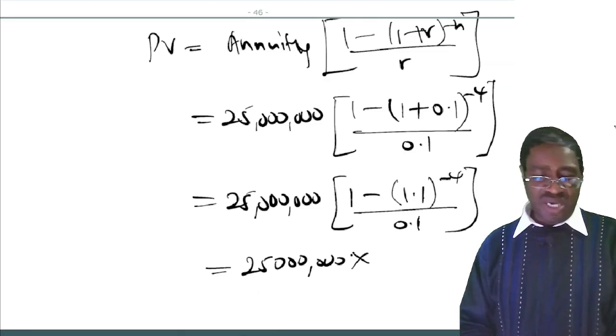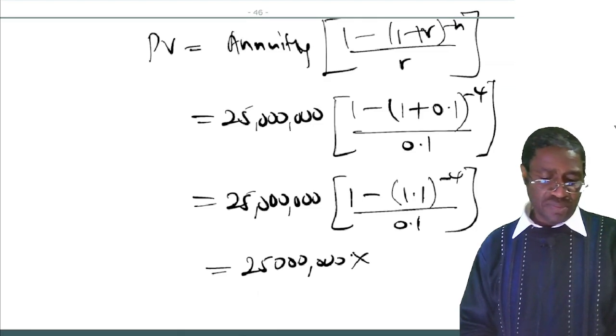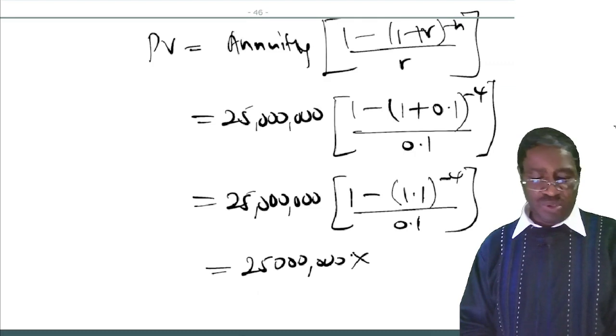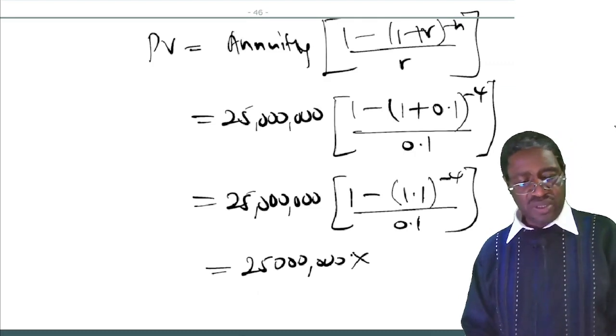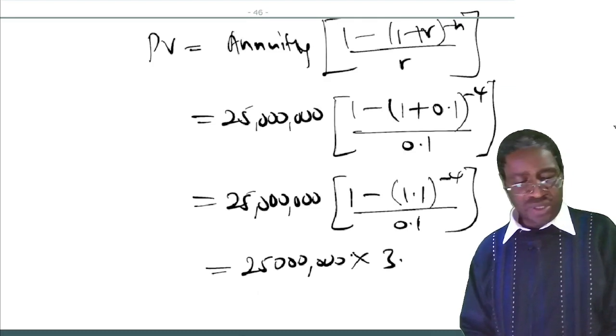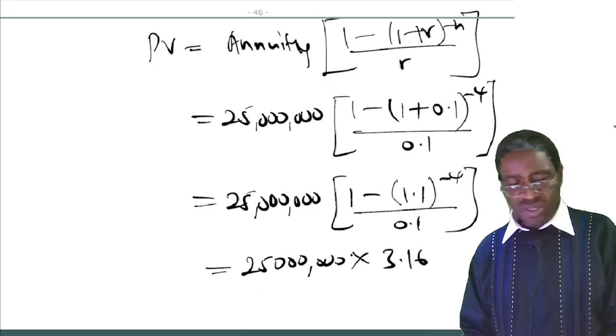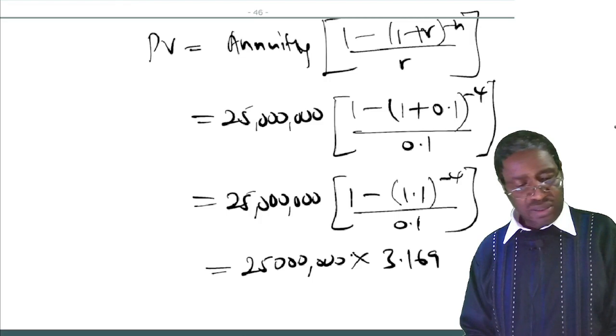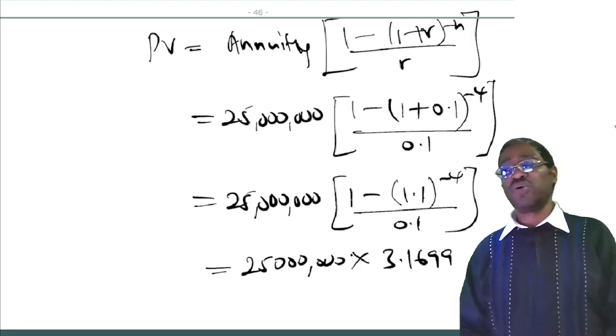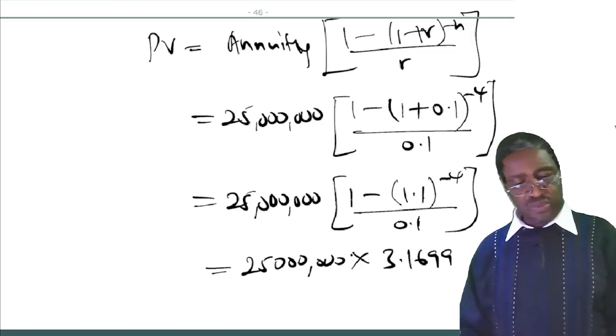Whatever I'm getting, I subtract from 1. Whatever I get, I divide by 0.1. I'm getting an amount of 3.1699 to the nearest 4 decimal places.